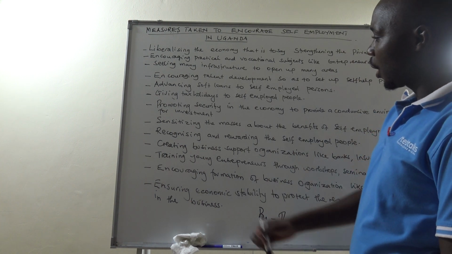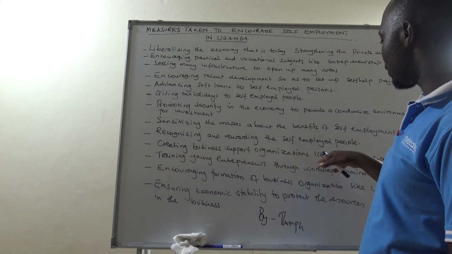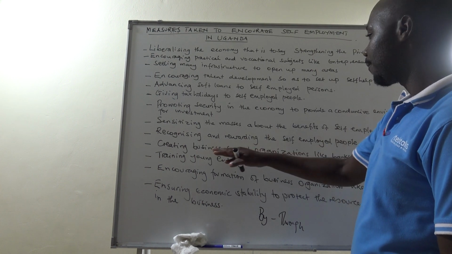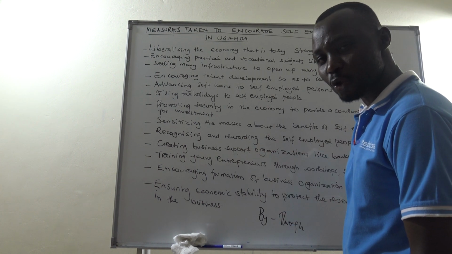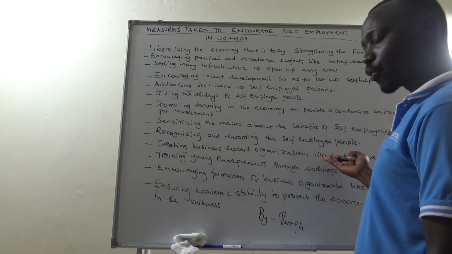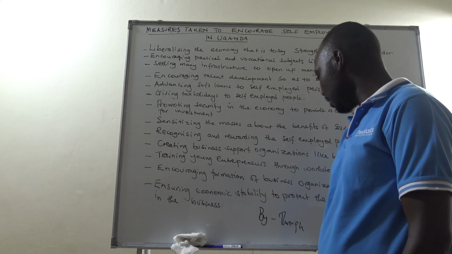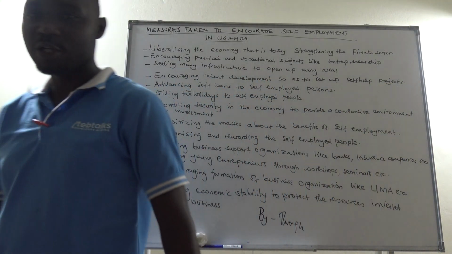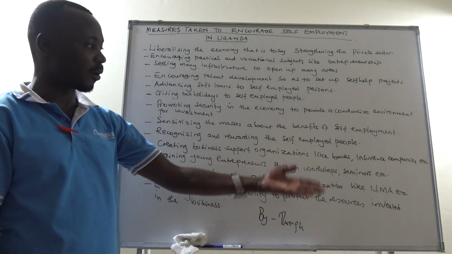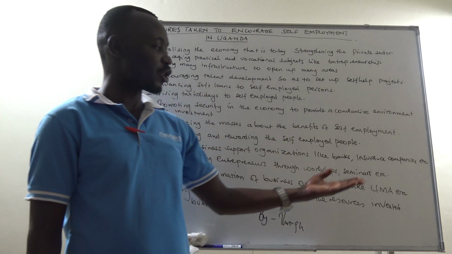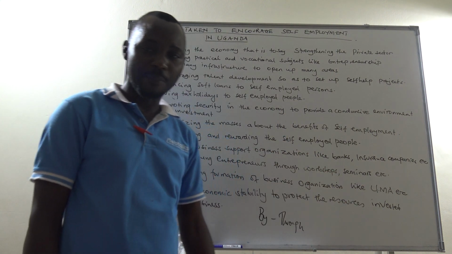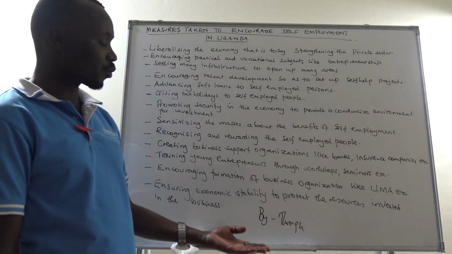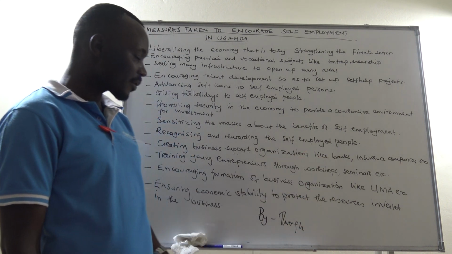So when we create business support organizations like banks, we shall be aware that even when it comes to a financial shortfall, we have where to run and get financial assistance. In the case of any risk occurring in the business, we shall also know where to run to in order to secure our business enterprises from suffering such risks.